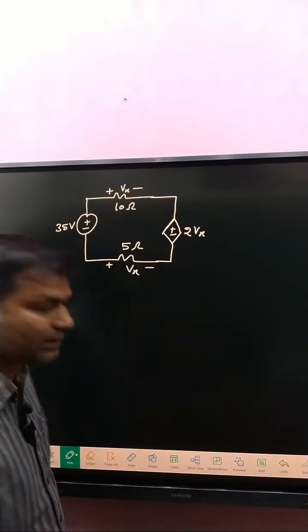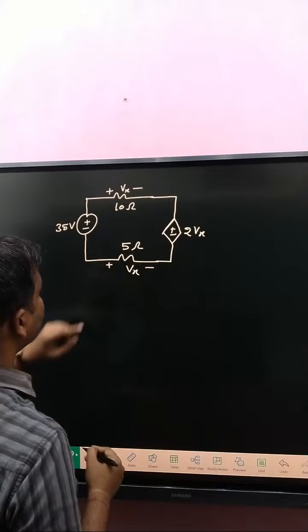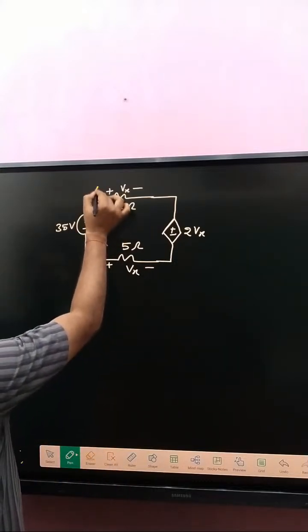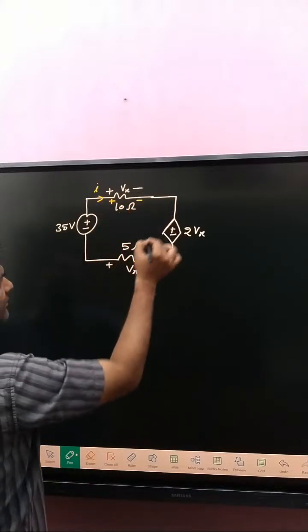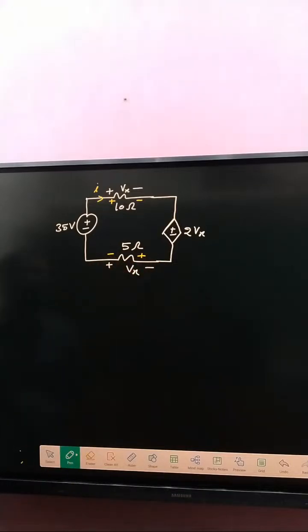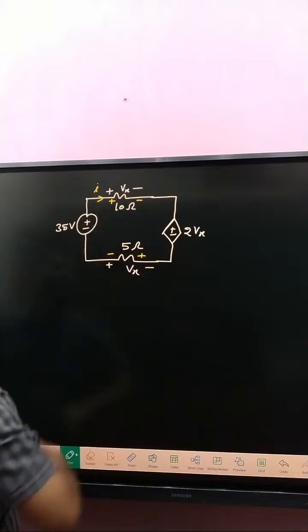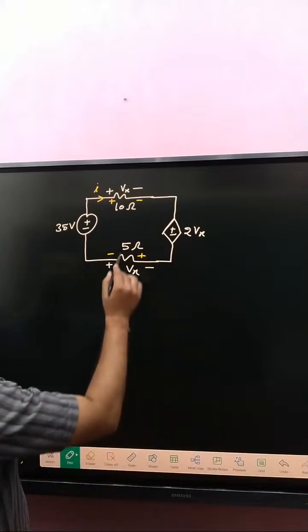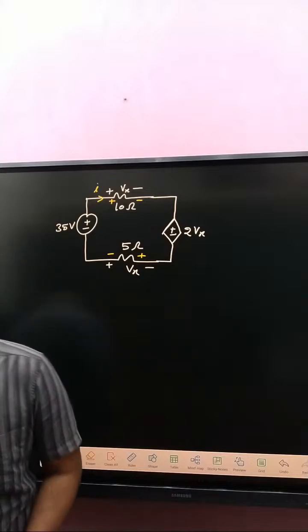Okay? Now, how can I do it? First of all, if you see very carefully, consider current I in this branch, current direction from positive to negative. Now apply KVL in this loop. What about Vx? Wait, is the question right or wrong?